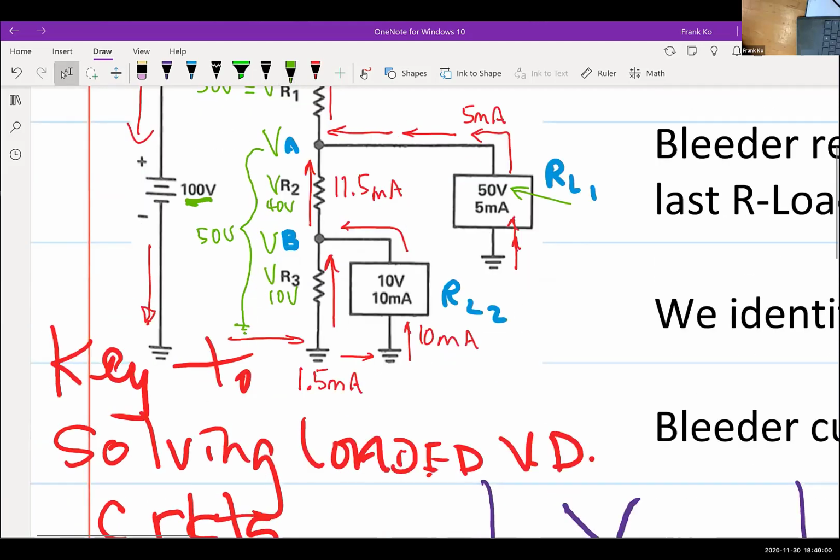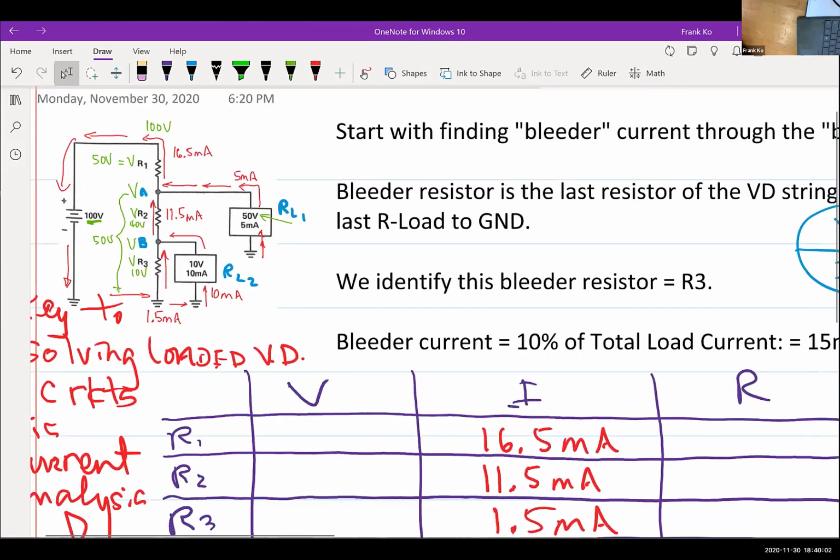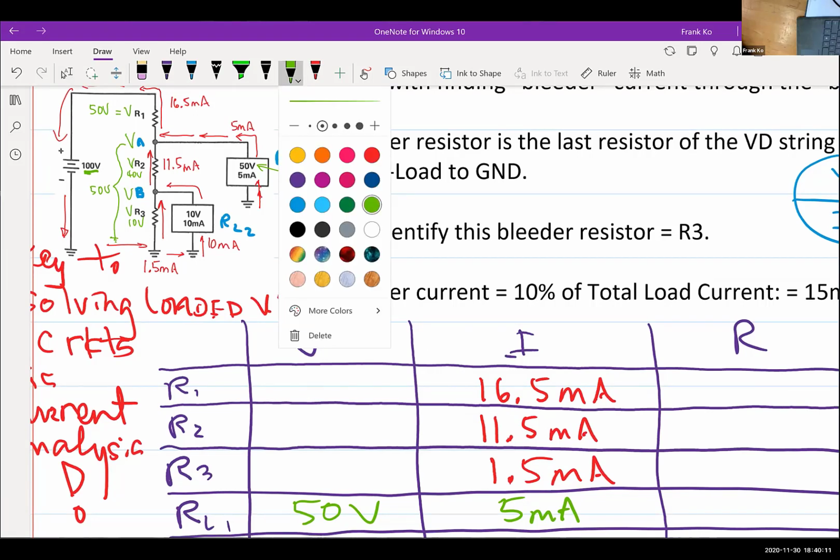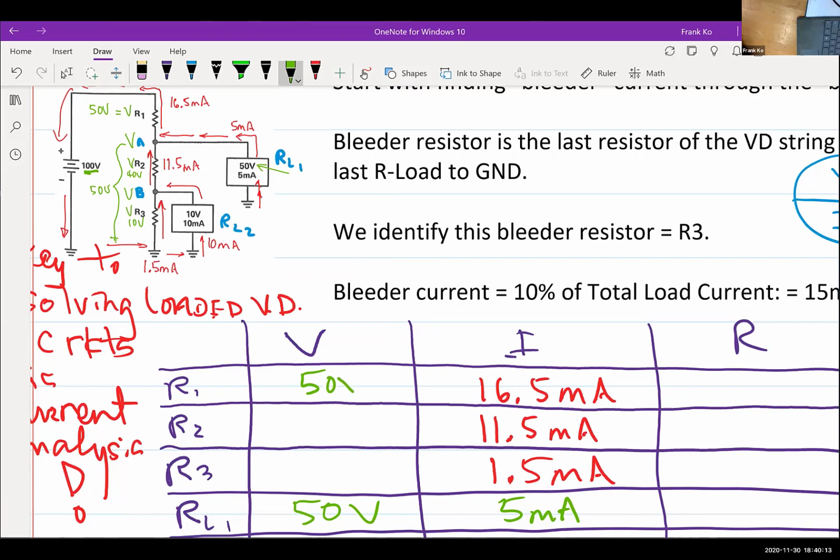If I go back to here, VR1 we said would be 50 volts, VR2 was 40 volts, and VR3 was 10 volts. Are we good with all of that?